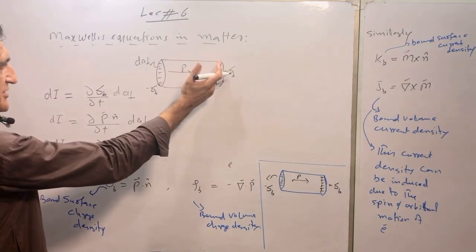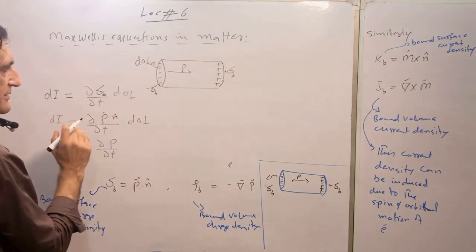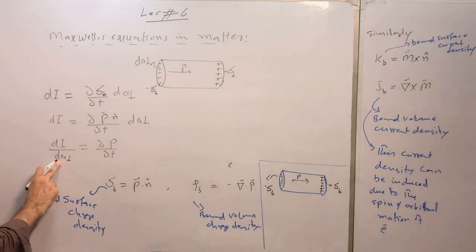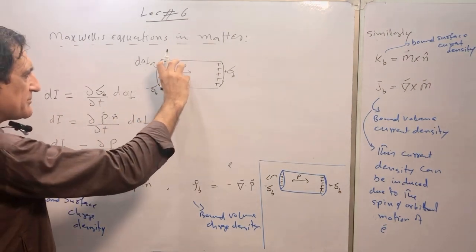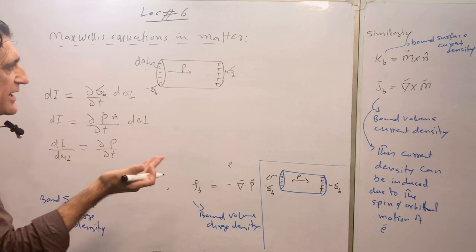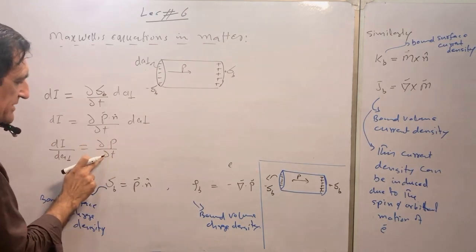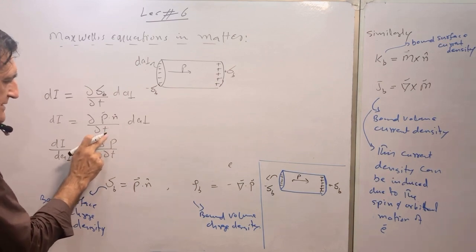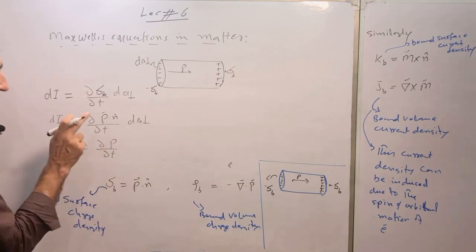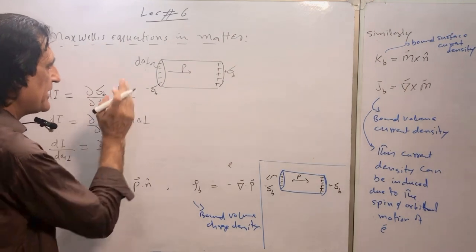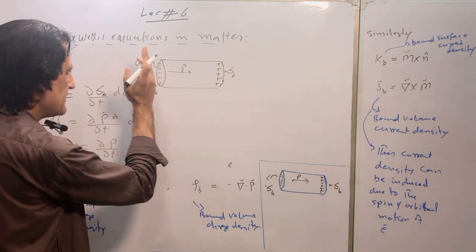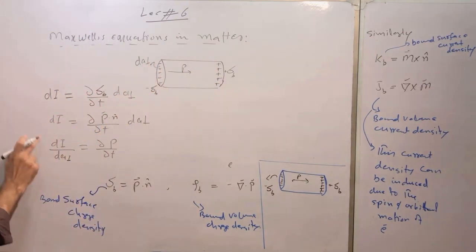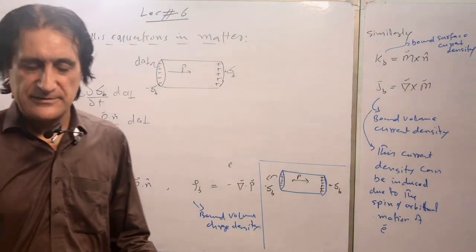There is some polarization between these charges, and if there are changes in polarization with time, partial P over partial t, it means the polarization changes with time. Then the charges will flow from here to here, and we can get some current.